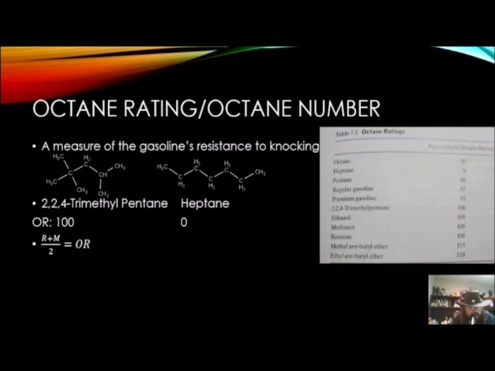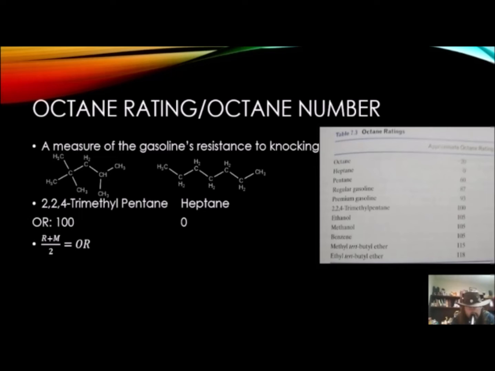So what we actually do is compare a molecule to a mixture of these two organics. What ratio of these two organics would give you this resistance to knocking? There are two ways to compare these. One is the research method, and the other is the motor method. The research method is how likely it is to knock with this molecule when you accelerate rapidly from a dead stop, with the pedal to the floor.